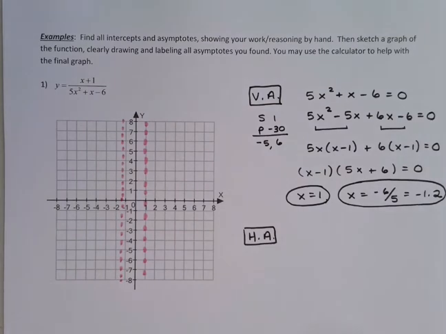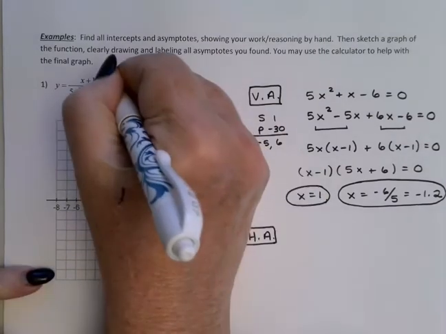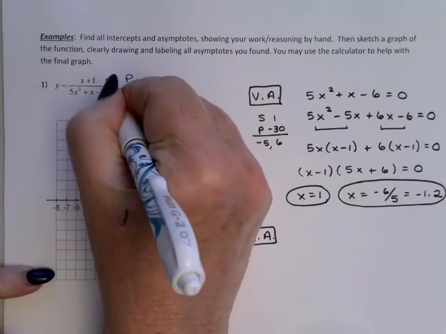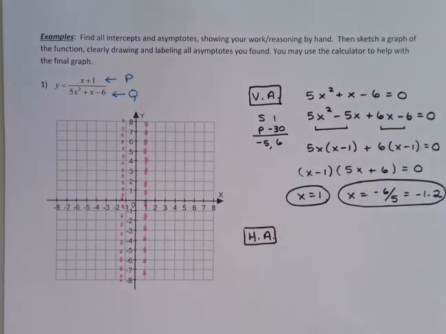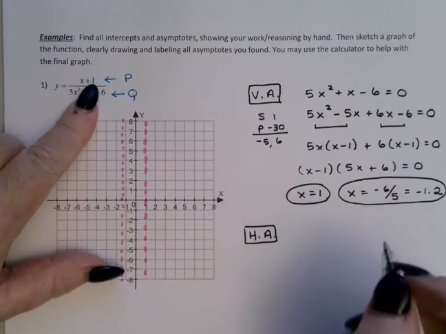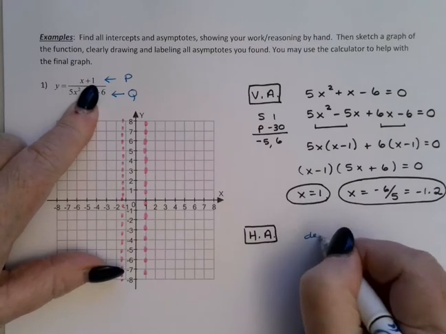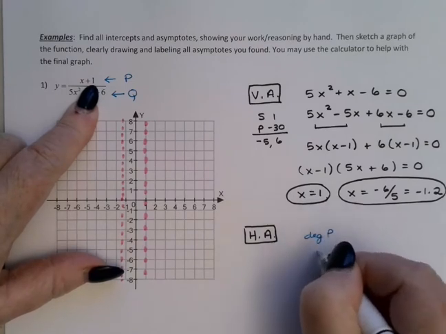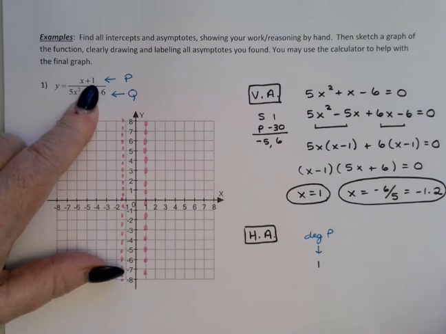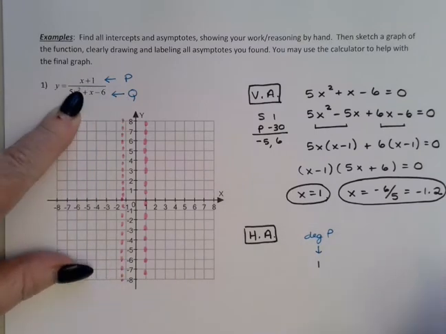Remember that we define P as the numerator and Q as the denominator. And horizontal asymptotes depend on the degrees of those. So the degree of P is 1, and the degree of Q is 2.